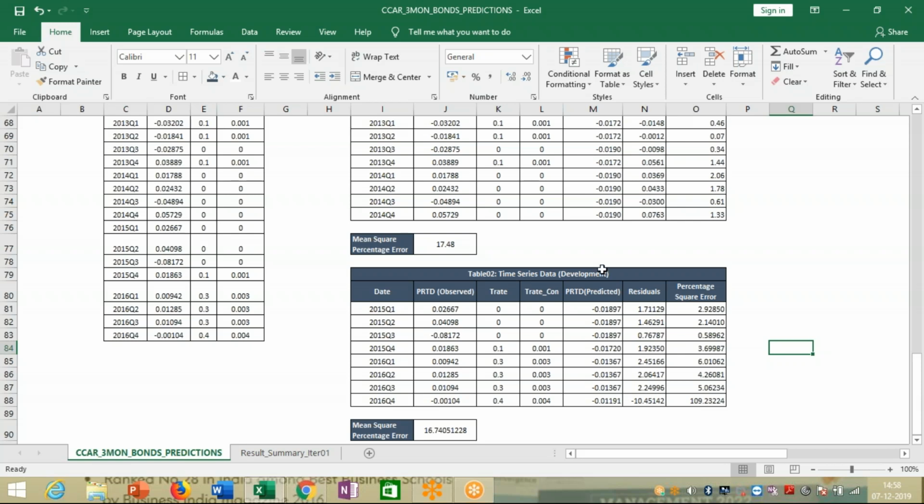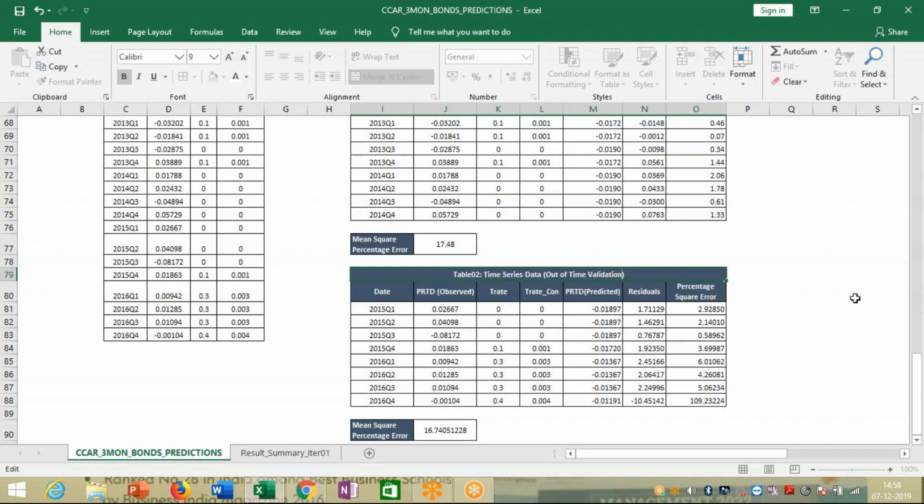So if I do this in the out of time validation sample, the question that comes out is, one thing you see is that if the T rate has gone down to 0, then whatever you cannot predict is something which is here.